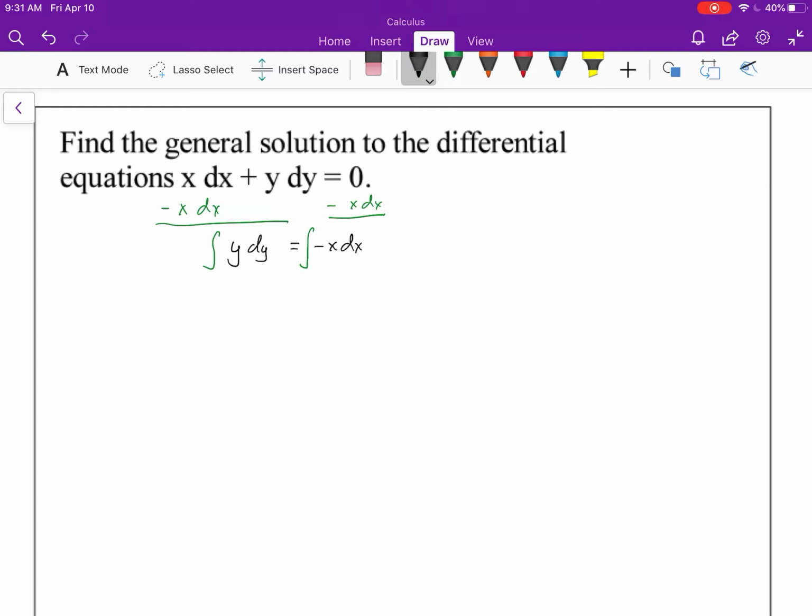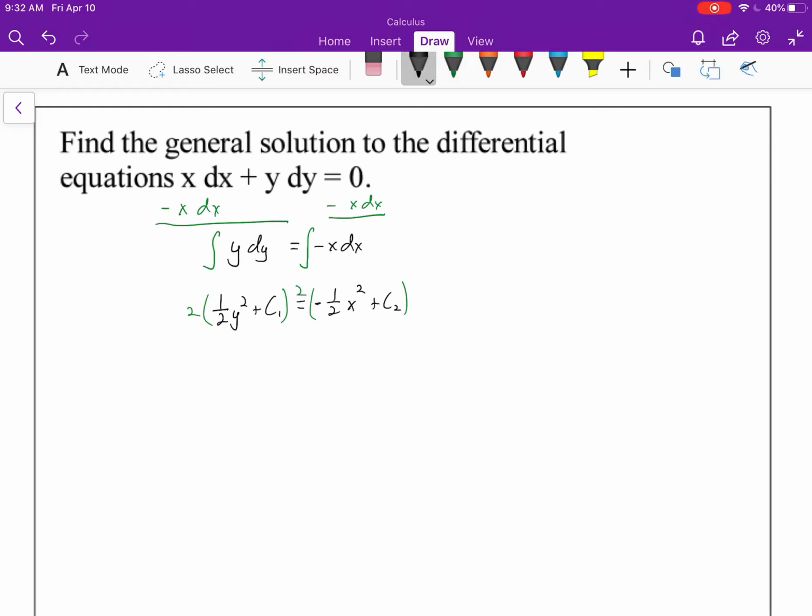which gives us 1/2 y squared plus c sub 1 equals negative 1/2 x squared plus some c value. In this case, we can multiply both sides by 2 to get rid of these fractions. And remember, these are just constants, so a constant times 2 is still just a constant.